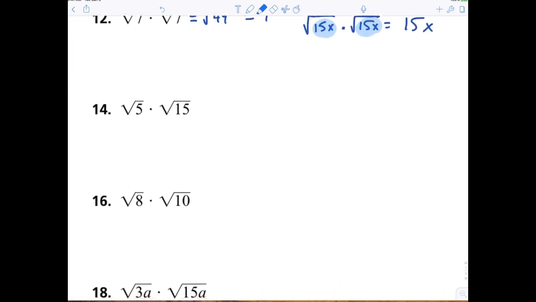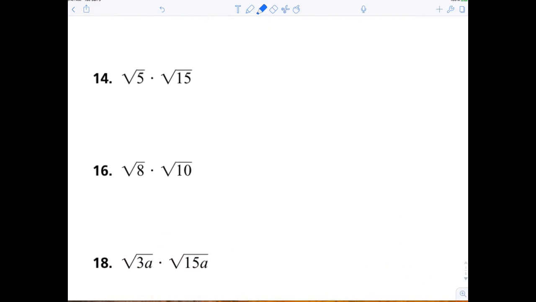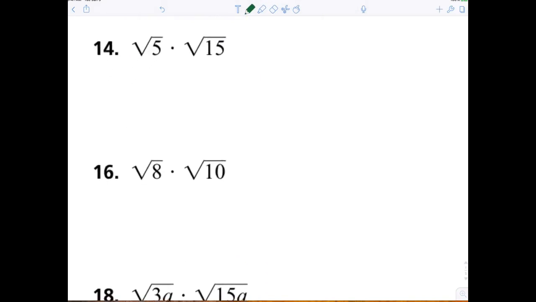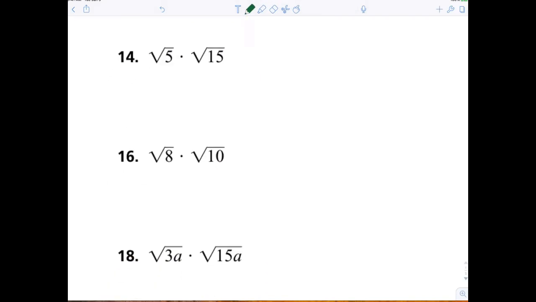Now, what I want to do here is I want everybody to take a look at number 14. This is where you can simplify things. All right, Alex, you got to watch carefully now, please. Look. All right, watch carefully. Square root of 5 times the square root of 5 times 3.